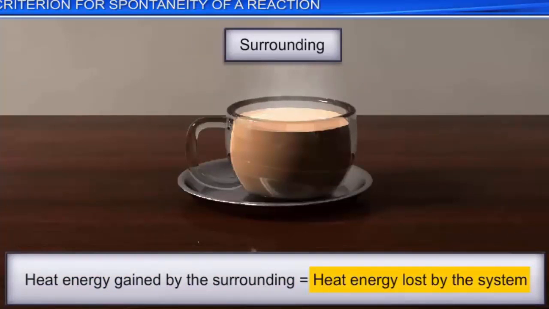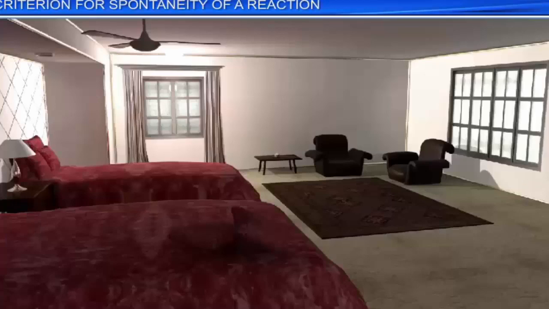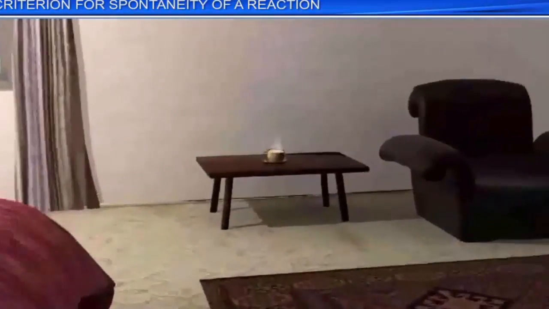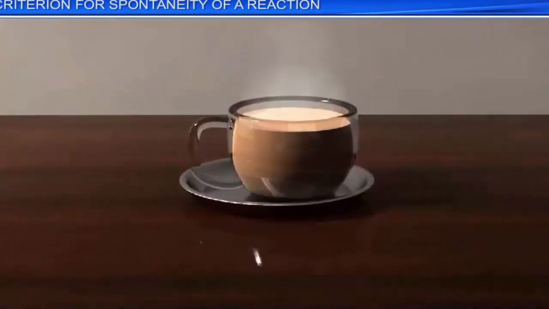If we observe closely, we'll notice that there is a natural direction in which processes take place. For example, if we keep a cup of hot tea in a room, we observe that the heat is transferred from the cup to the room.